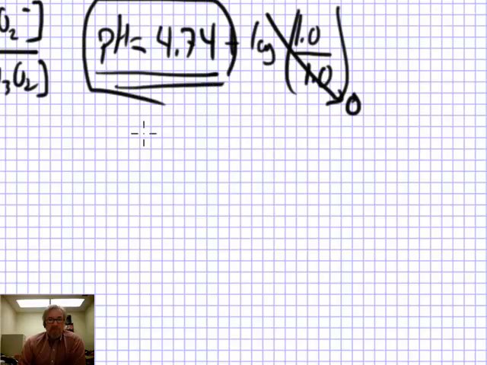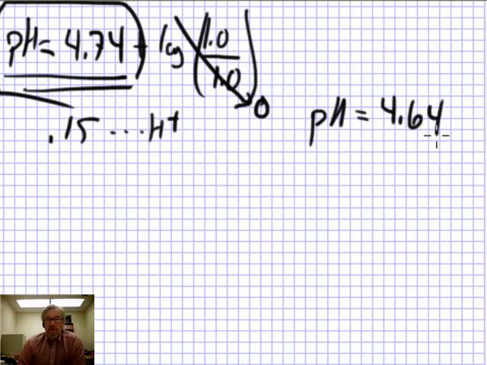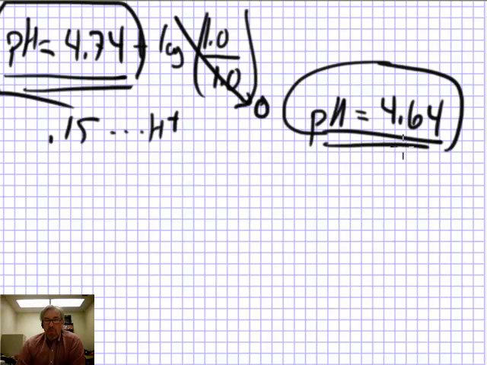So the question is, we want to see if we can absorb 0.15 mole of H plus without drifting more than 1/10 of a pH unit away from pH 4.74. So if we add H plus, the pH should drop, and we want to see if we can stay inside 4.64. That's our goal. If we can stay higher than 4.64, then our buffer has not exceeded its capacity.